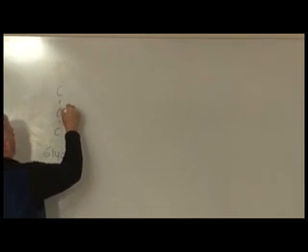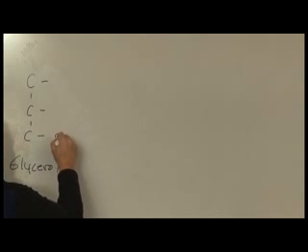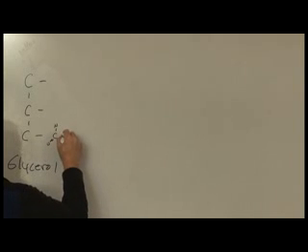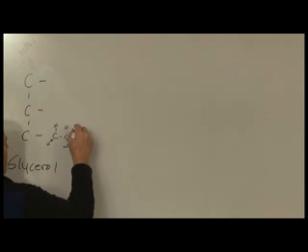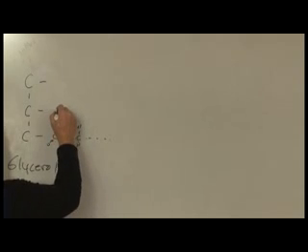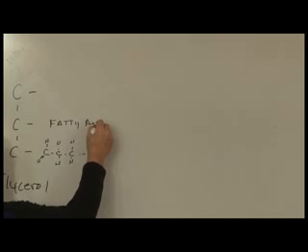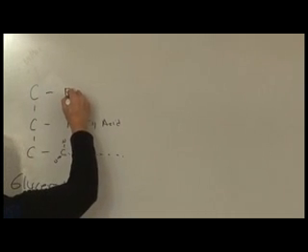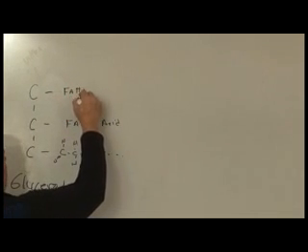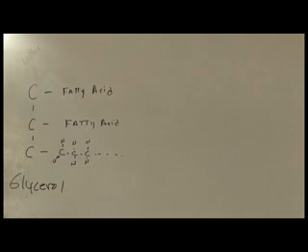And then attached to the 3-carbon molecule, we have these long chains of carbon and hydrogen. So we call those fatty acids. So if our fat has 3 fatty acids on it, we say it's a triglyceride.